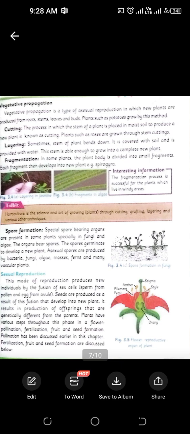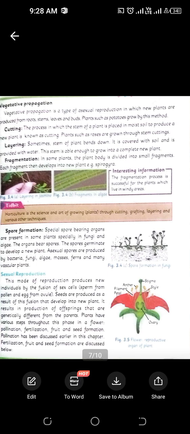For example, in sugar canes, there are small pieces, small fragments, and one fragment is used to develop a new plant. Then spore formation: special spore-bearing organs are present in some plants, especially in fungi and algae. These spores are responsible for forming and developing a new plant.